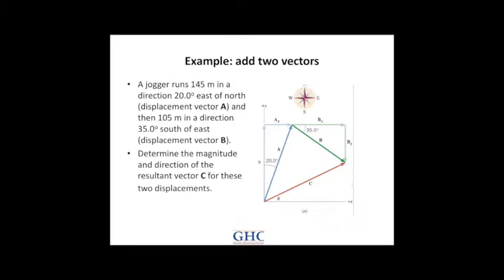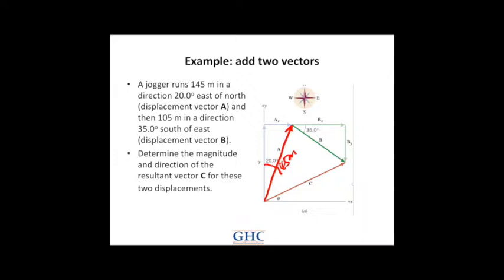Now let's check a realistic example. We have a jogger who runs 145 meters in a direction 20 degrees east of north. So it will be in this direction, and its magnitude is 145.